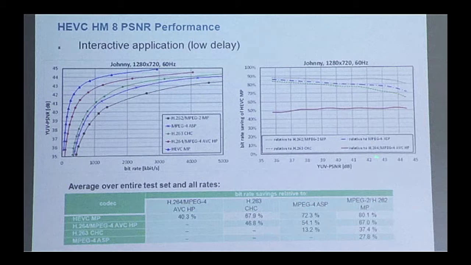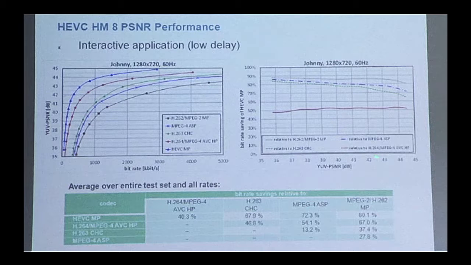What you see here is the gain relative to MPEG-4 advanced simple profile, relative to H.262, also known as MPEG-2 video, the thing that is used in DVB-T. And also here the gain relative to H.263 goes up to 80-90%. But this is for the interactive communication.